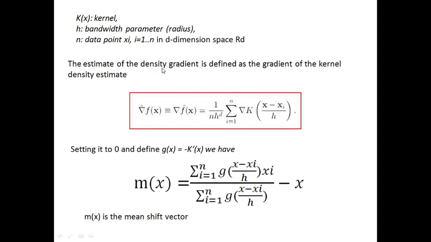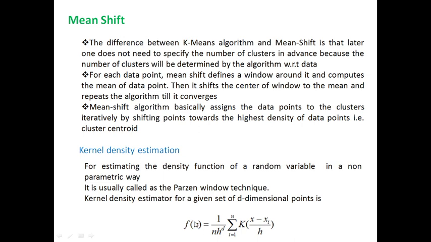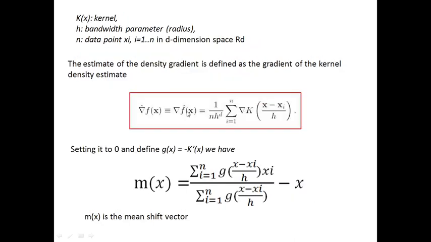The estimate of the density gradient is defined as the gradient of the kernel density estimate. So this is my kernel density estimate, for which I am going to find the gradient, del of f(x). The gradient is nothing but the first derivative, that is del k((x − xi)/h). Now I am just replacing this k dash, the first derivative, with g(x).